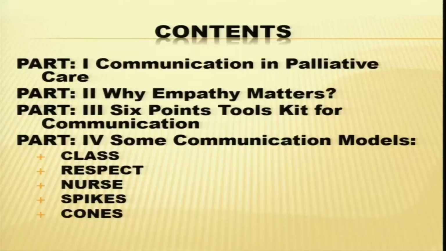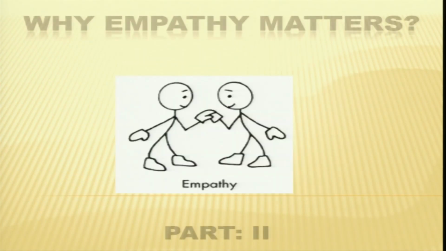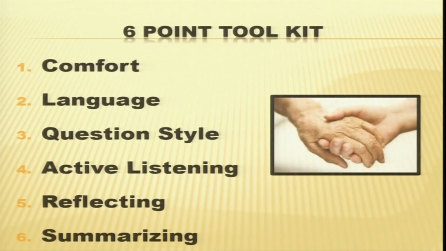And then there are certain important protocols which we discuss in brief. So let us see part 3, the 6-point toolkit: comfort, language, question style, active listening, reflecting, rephrasing, summarizing. We will just see all these 6 points in brief.